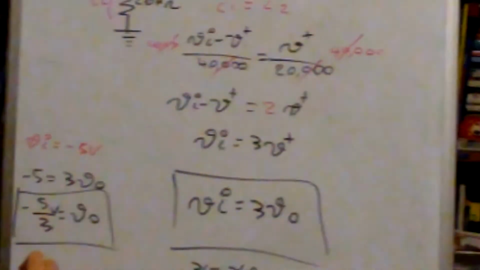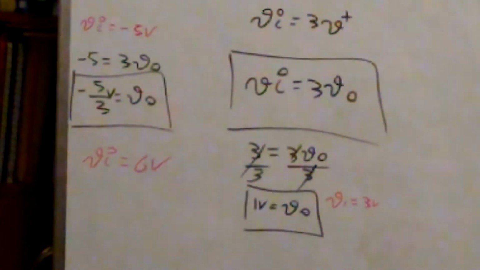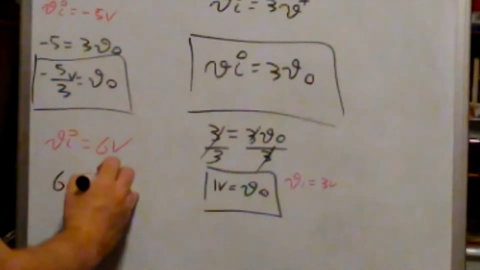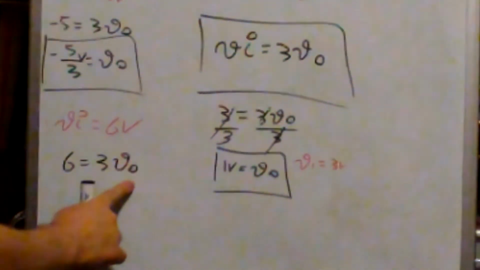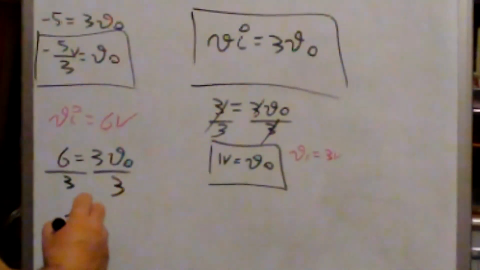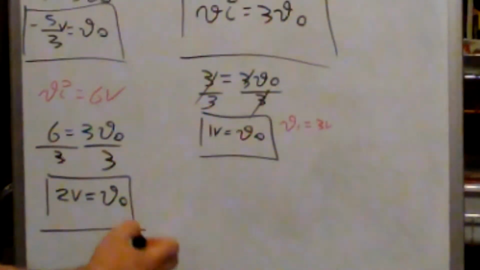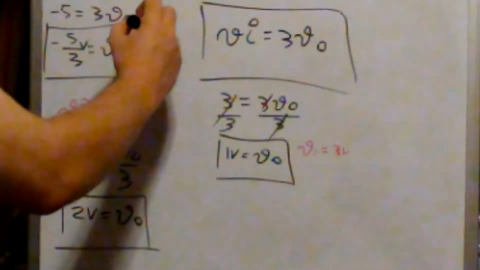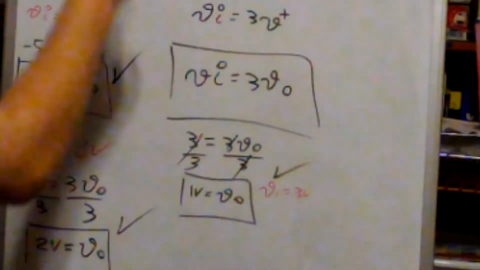For our last case, when Vi is equal to 6 volts, we have that 6 is equal to 3 Vout. So we divide by 3, and we have that 2 volts is equal to Vout. Okay guys, so we have the voltage for these 3 cases in this operational amplifier.